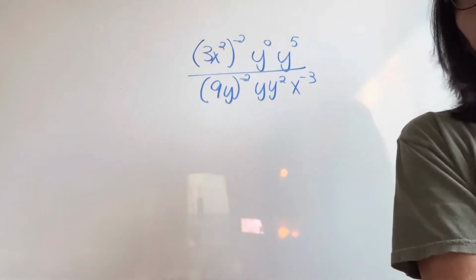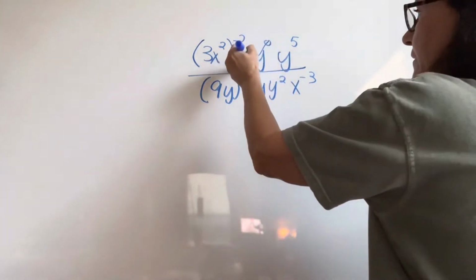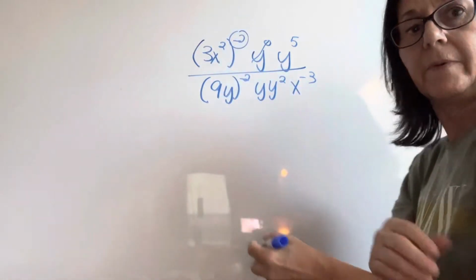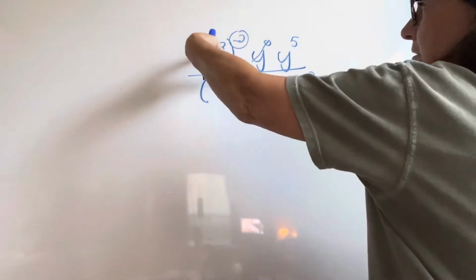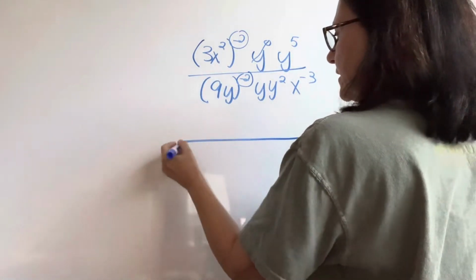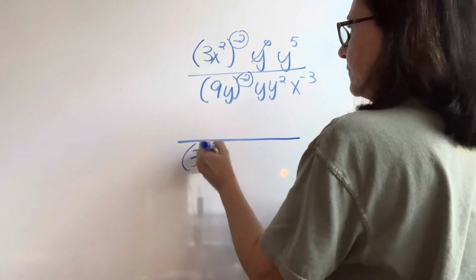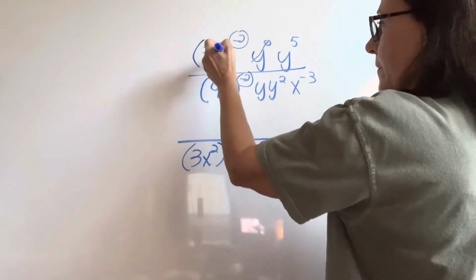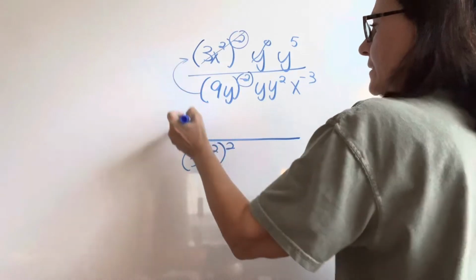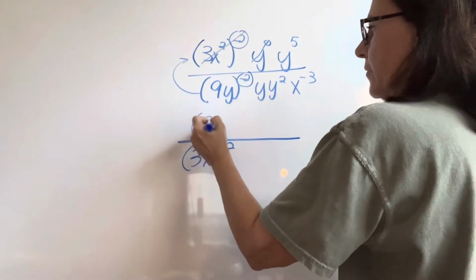All right, I know this is 1. I want to make this exponent positive and this exponent positive. So I'm going to move the 3x squared to the denominator, and its exponent will be positive, so I've taken care of that term. I'm going to move the 9y to the numerator and make that exponent positive.